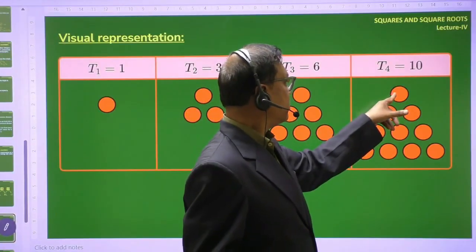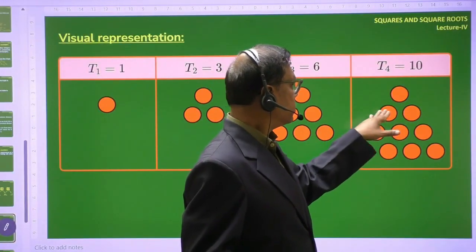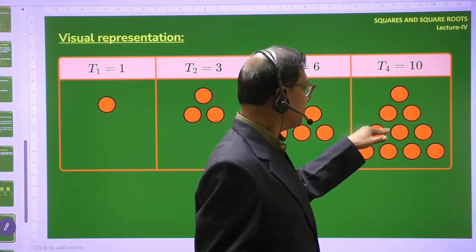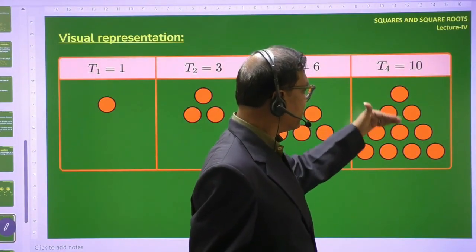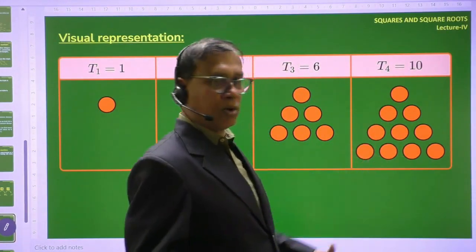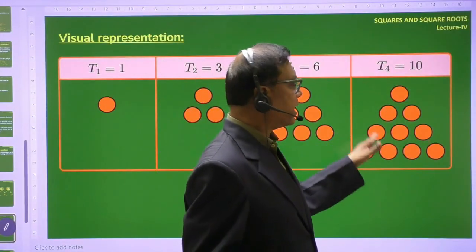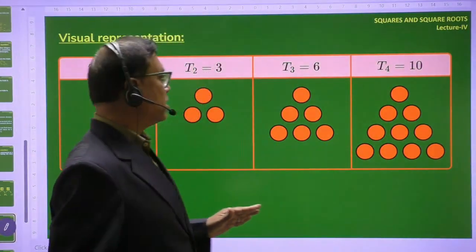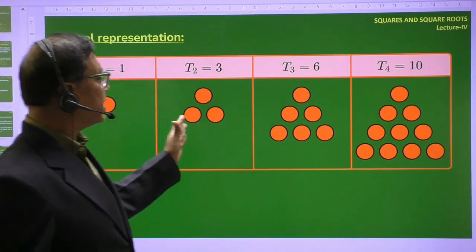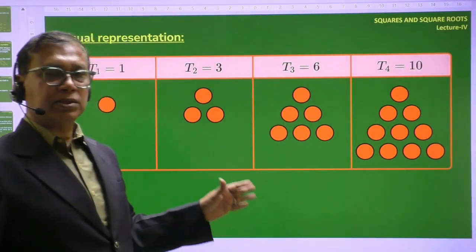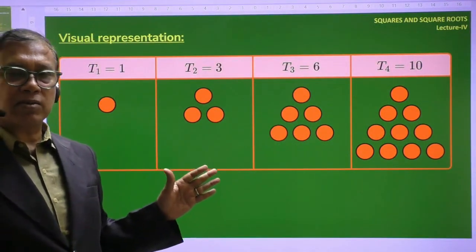First 1 circle, then 2 circles, then 3 circles, then 4 circles. That means we are increasing 1 circle in every row, and that's why we are getting an equilateral triangle. So since the numbers form an equilateral triangle, we can say it's a triangular number.